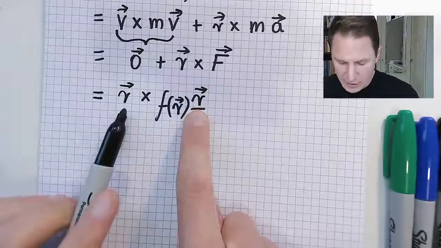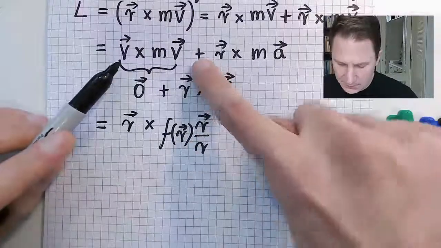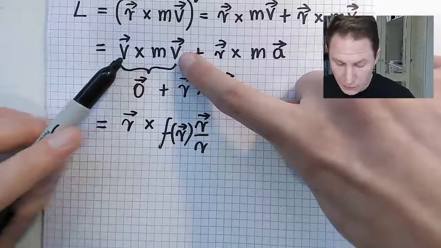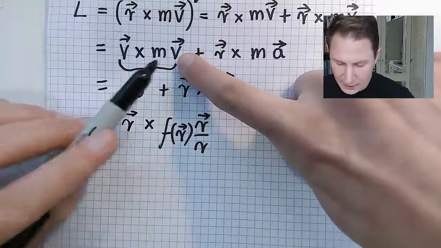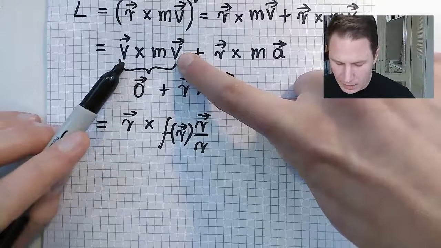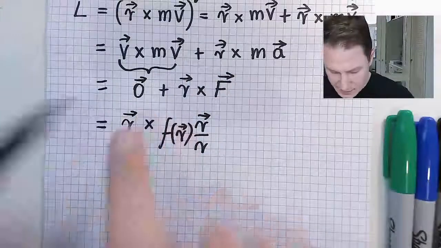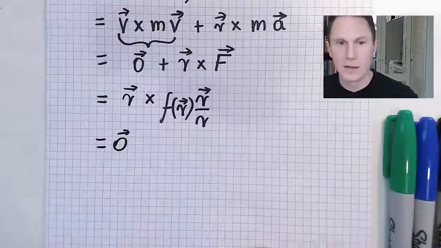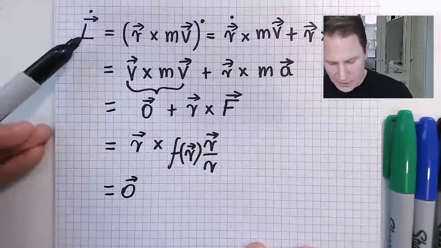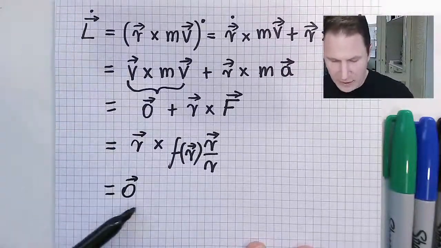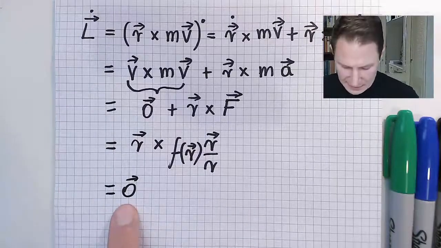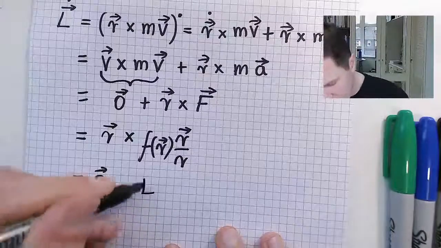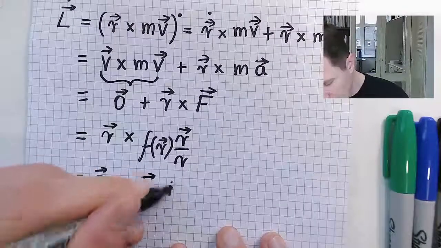And again, you see something that we have seen just a moment ago, a vector product where we have basically a vector and its scalar multiple multiplied, giving us zero again. So this is again the zero vector. Okay, so what we started from is the rate of change of the angular momentum, and what we ended up with was the zero vector. So what we see from this calculation is that the angular momentum is constant.